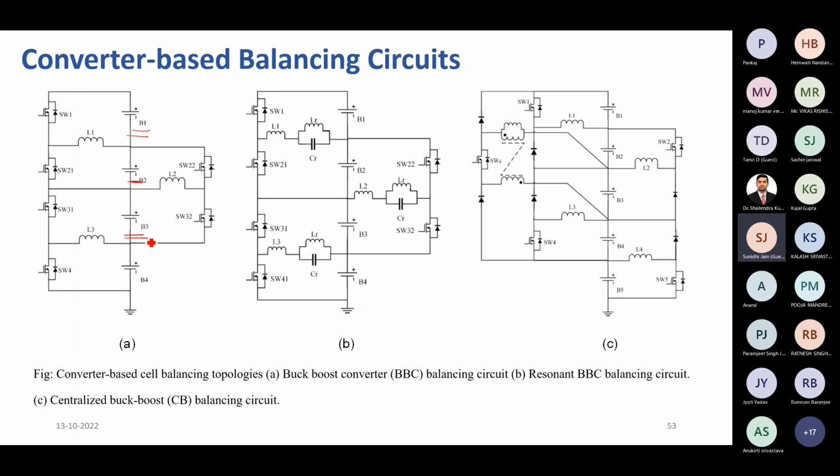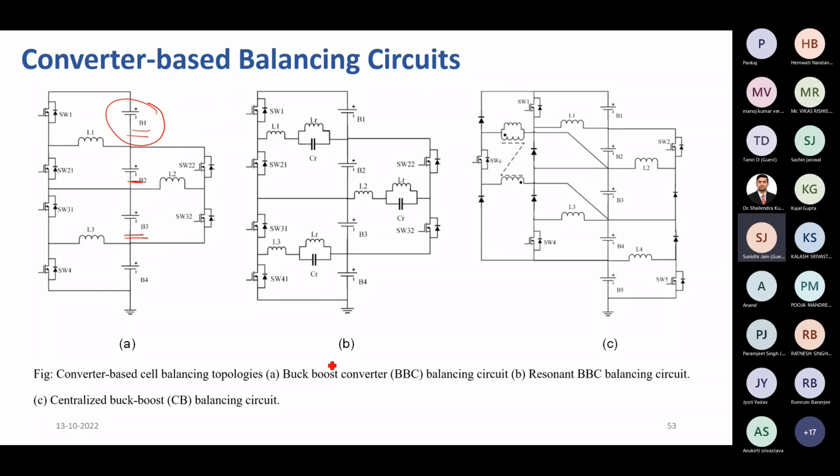Each cell is of NCR configuration, with a battery B1 for each cell, four cells for example, connected through a buck boost converter, and we see how to charge and make it an equal charge among them. Suppose one is 3.2 volt and another is 3.7 volt, how can we make it a balanced cell among all three? So this is one configuration given for a buck boost converter.